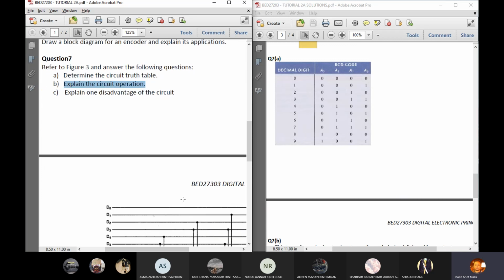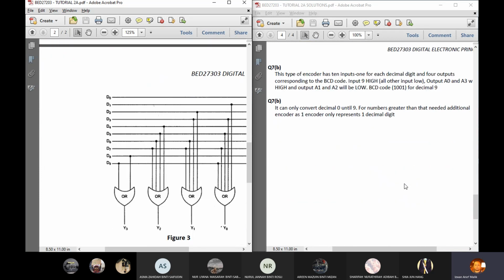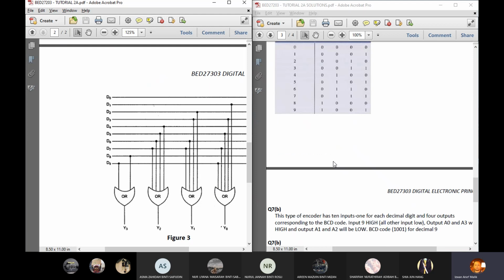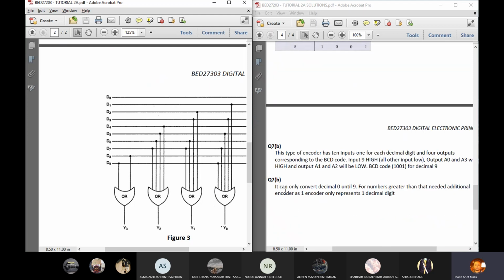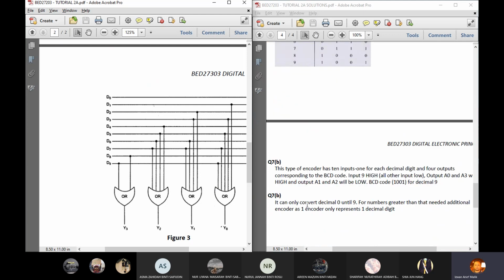Alright, and then explain the disadvantage of the circuit. So if you look at this truth table, it can be identified that the disadvantage of this encoder is that it can only convert decimal 0 until 9 only. Numbers which are greater than 9 need an additional encoder, as one encoder only represents one decimal digit.